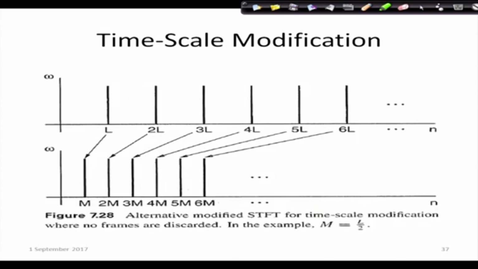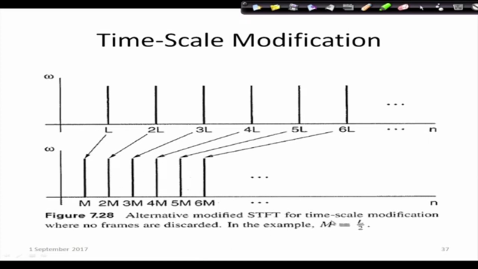If you see it here, this is decimation in time in L. So this is L, 2L, 3L, 4L, 5L, 6L. Now once I synthesize, I make the decimation time L by 2. So it is half: M, 2M, 3M, 4M, 5M, 6M.